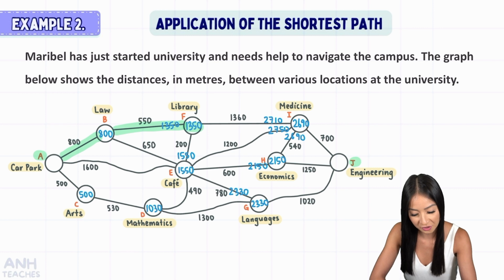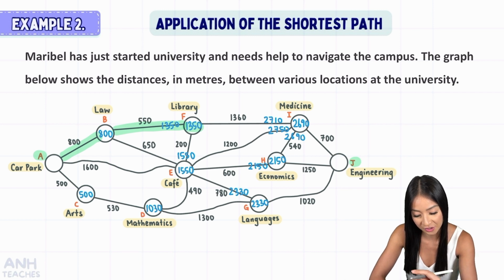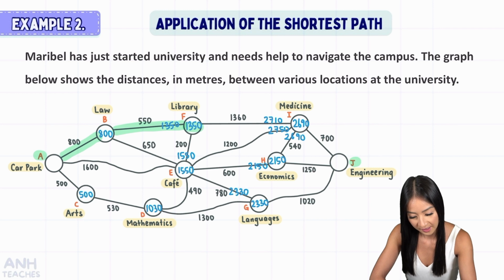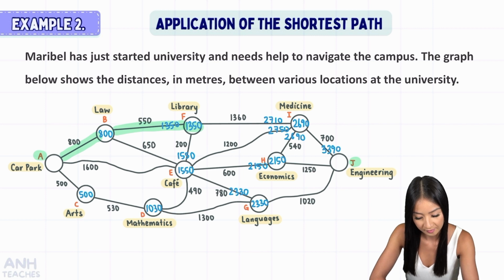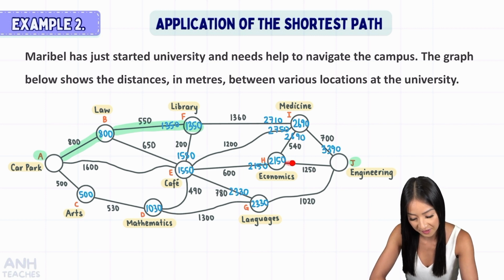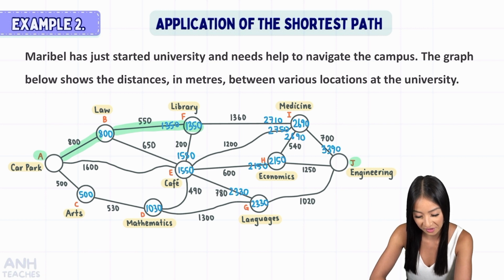Now, to get to the final vertex J, which is the engineering building, I need to add 700 to 2,690. That's 3,390. 2,150 plus 1,250, that's 3,400.